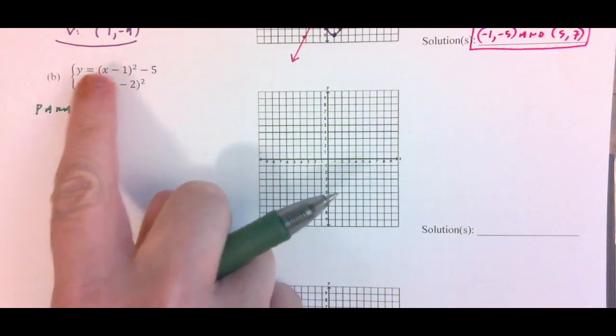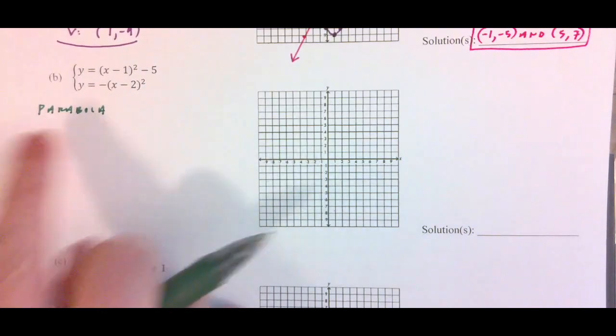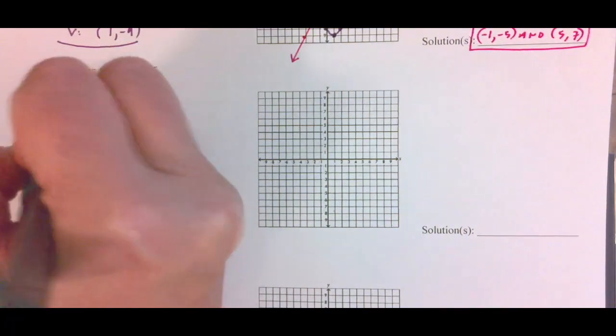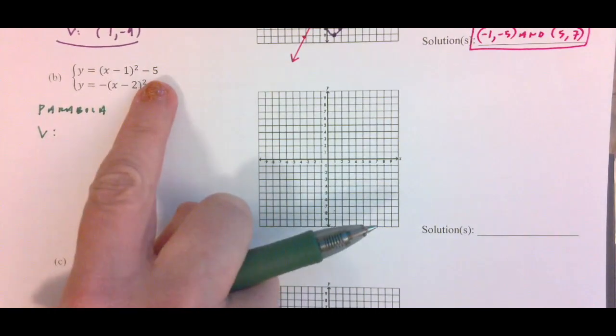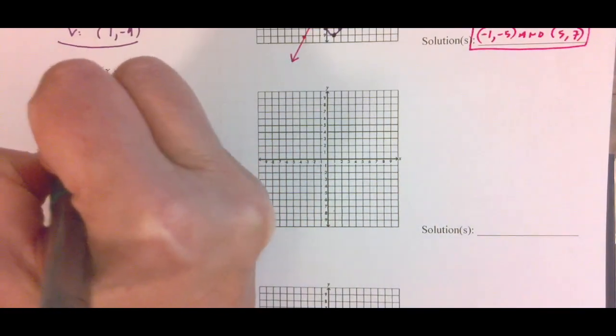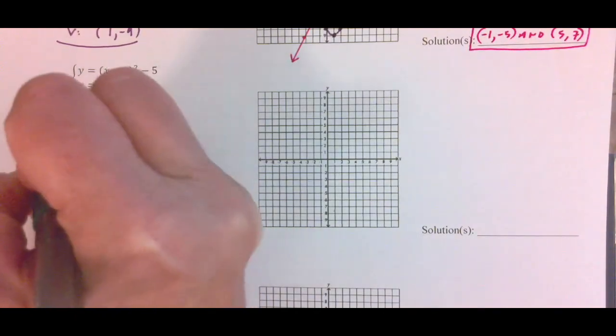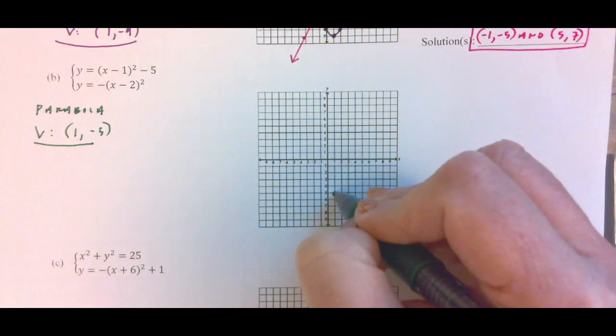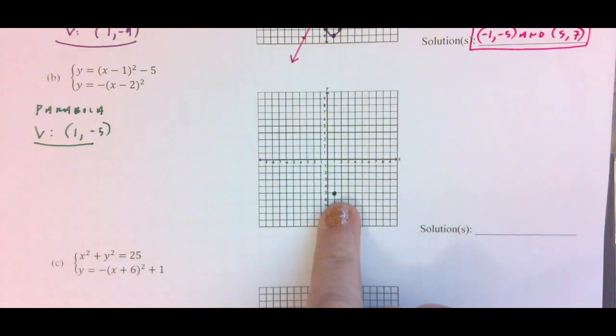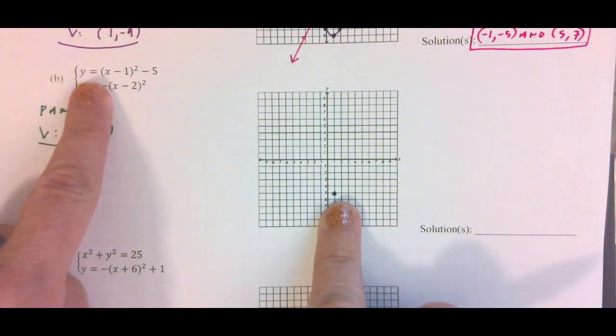Because I recognize that I have a quantity squared. So here again, I can get my vertex really fast. It's in vertex form. 1 right, 5 down. So 1, -5. There's my vertex. So right there.